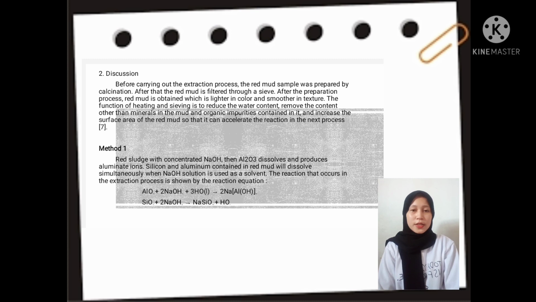Discussion. Method 1. Red mud solid with concentrated NaOH, then Al2O3 dissolves and produces aluminum ions. Silicon and aluminum contained in red mud will dissolve simultaneously when NaOH solution is used as a solvent. The reaction that occurs in the extraction process is shown by the reaction.